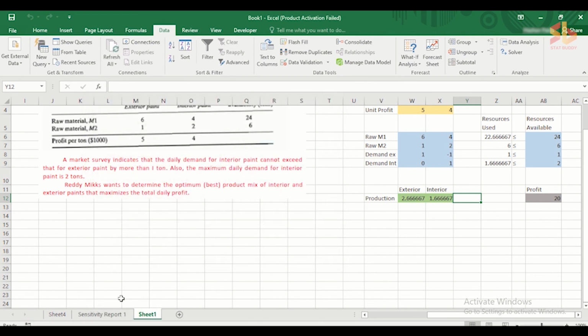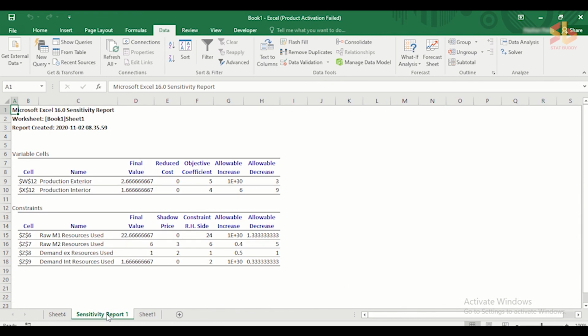And once you hit that, you can see in a separate worksheet the results are shown. So here you can see two tables: reduced cost and shadow price. Reduced cost tells us how many units we can change the objective function coefficients without changing the optimal solution we obtain using these constraints.